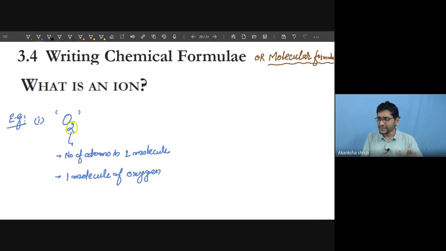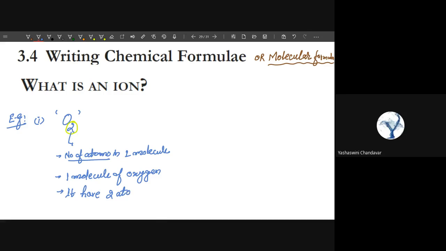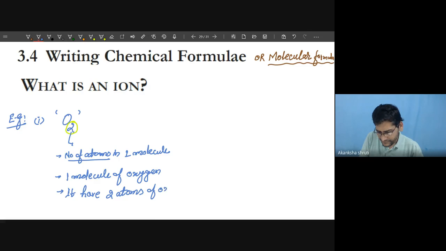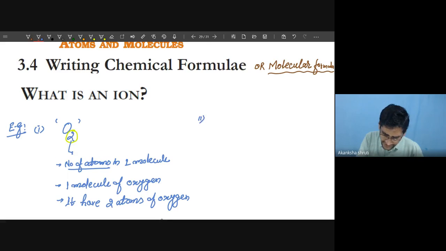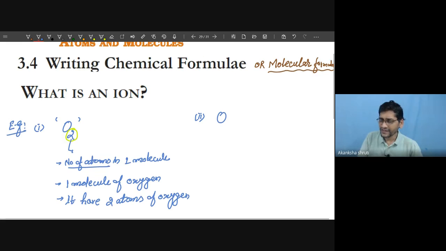Get it? But it may be asked, one molecule of oxygen contains how many atoms of oxygen? That is obtained by looking at the suffix at the end. So one molecule contains 2 atoms of oxygen. But if the symbol is written as only O, what does it represent?